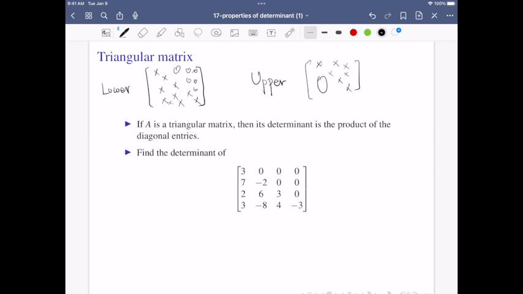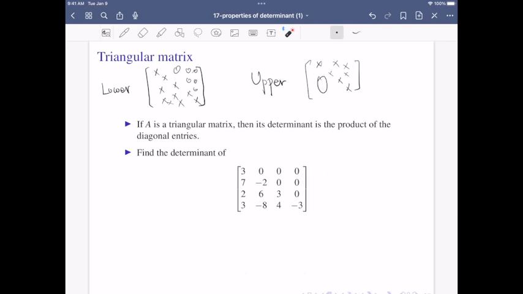So if you have such a matrix, then you only need to multiply the numbers on the diagonal, which gives the determinant. So we look at this 4x4 matrix. It would be a long expression if you use expansion of the determinant from the definition.